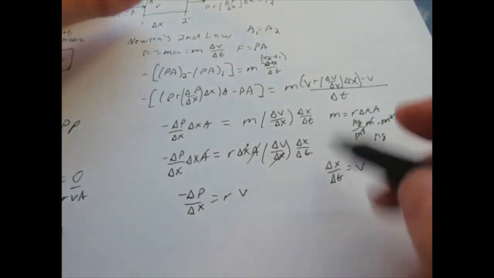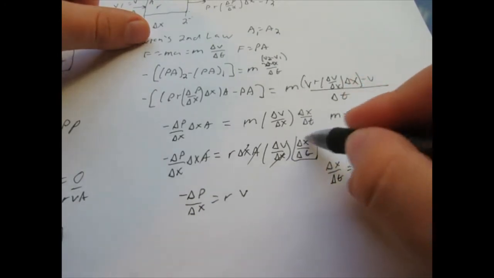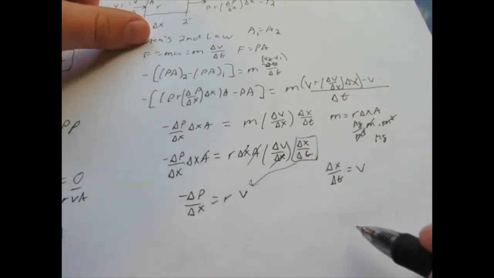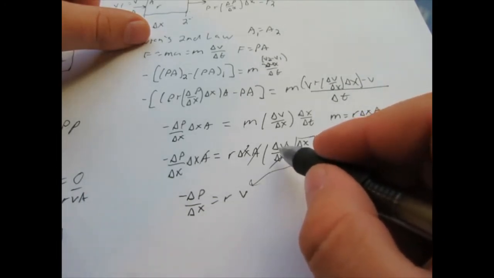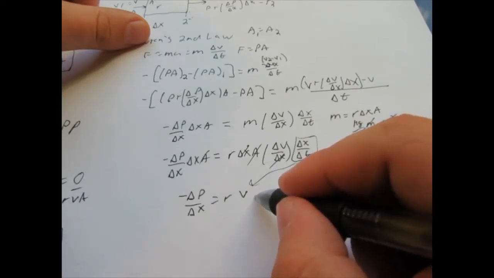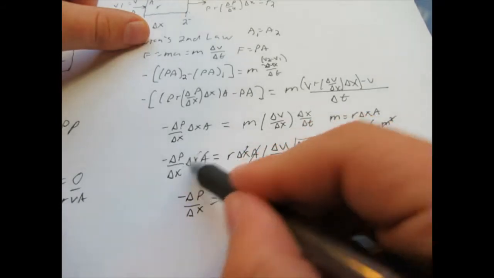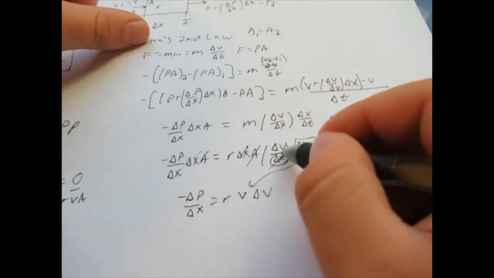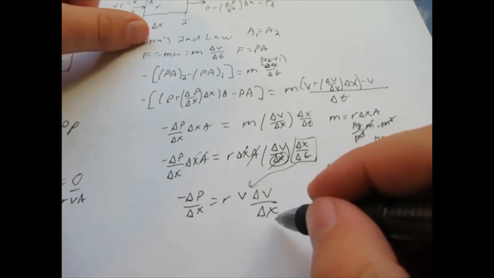So back here, delta X over delta T equals V. So you take this delta X, that turns into another V, and then we're also left with a delta V term, because these delta X's cancel, but you're still left with another delta X on the bottom there.